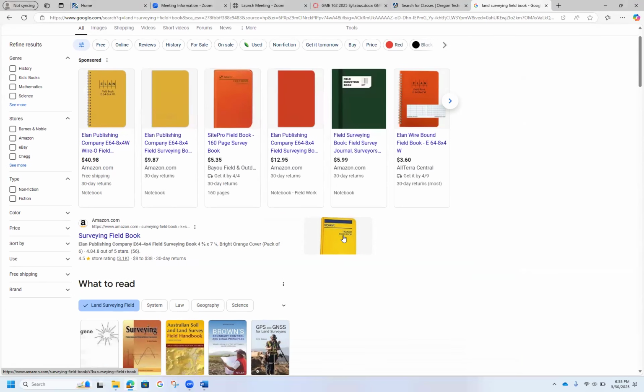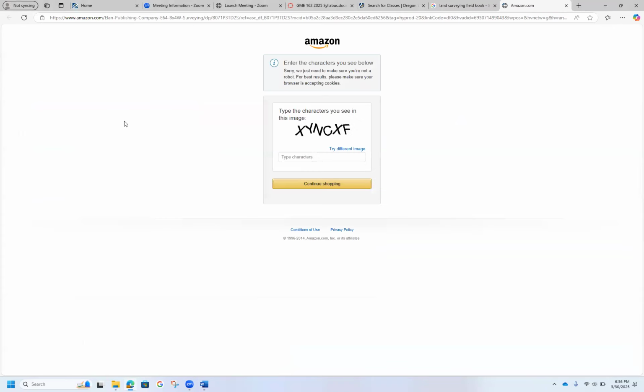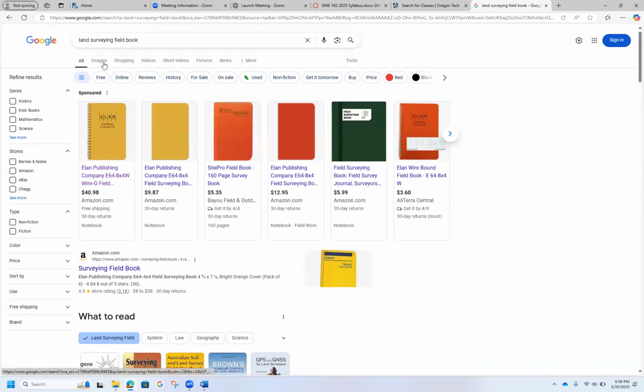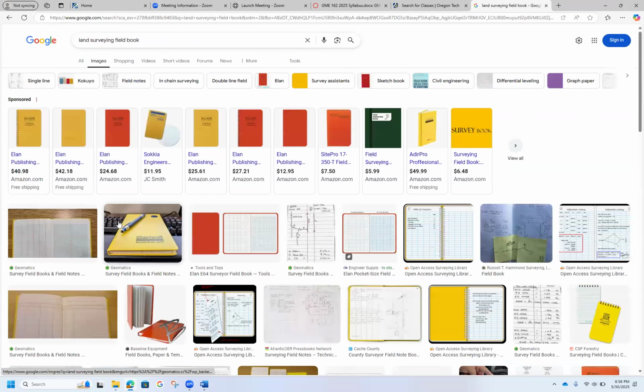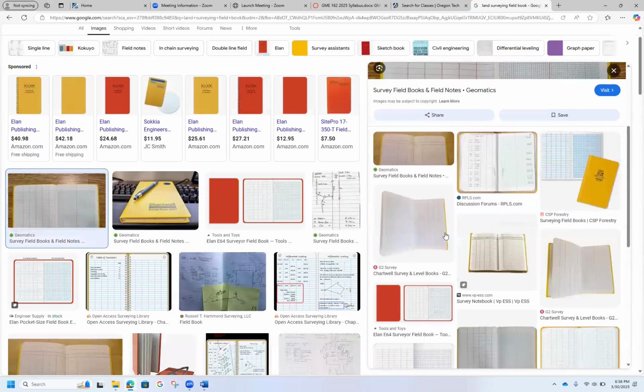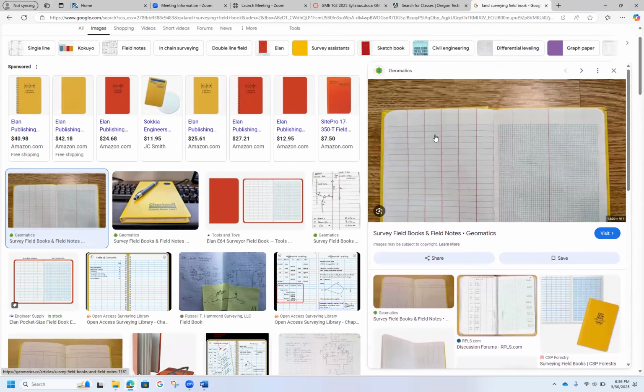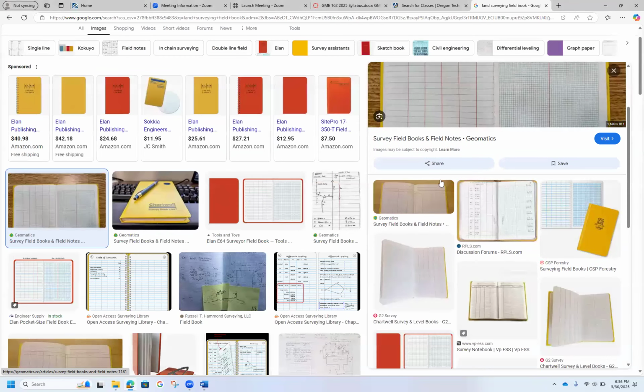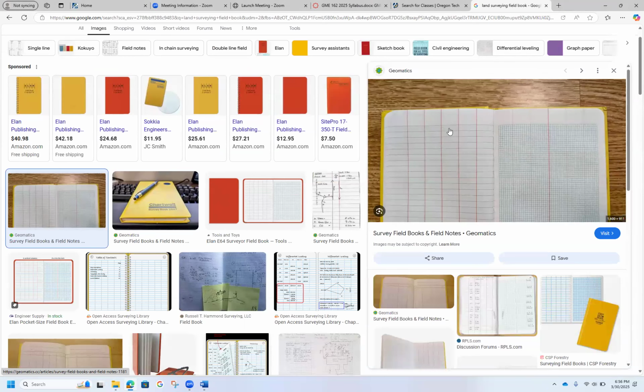I personally have this Sokkia Field Transit one. Let's just hit images here. They're going to have this style of pages. Your notes, like your math, your computations, everything you're doing, would be on this side, and your sketches are going to be on this side.